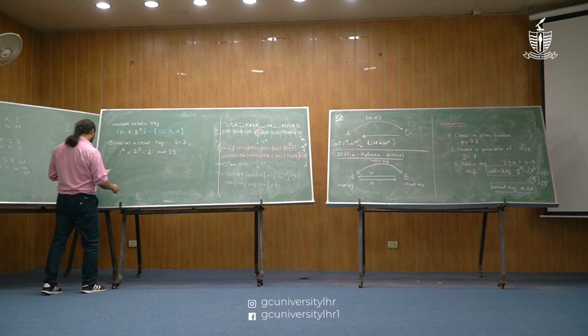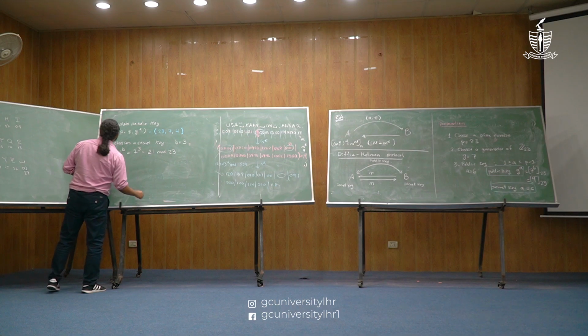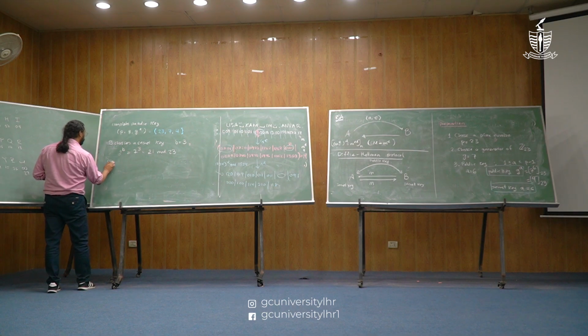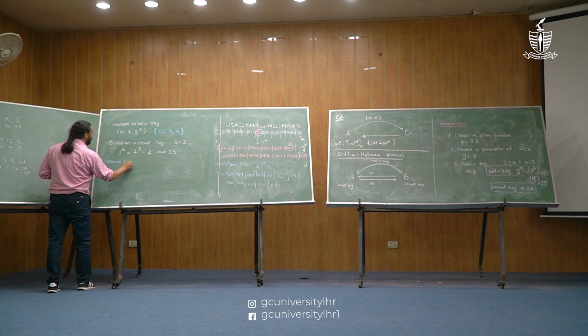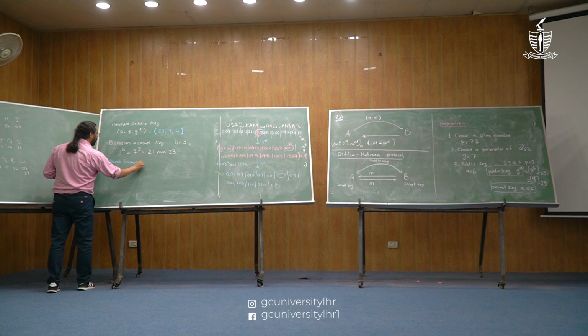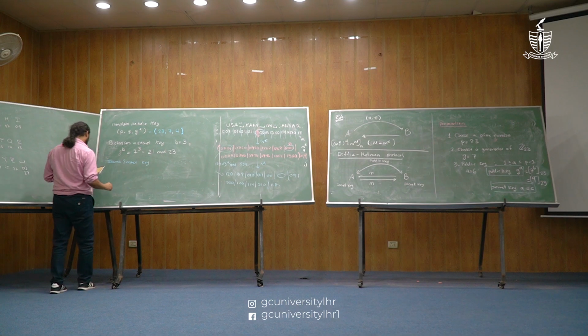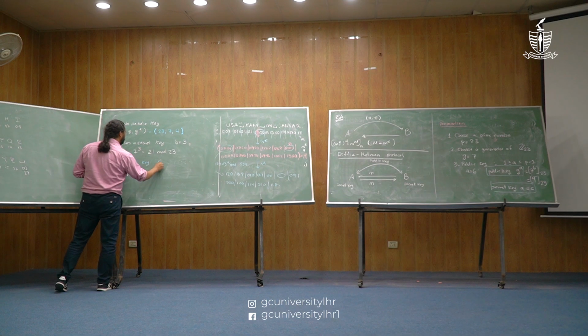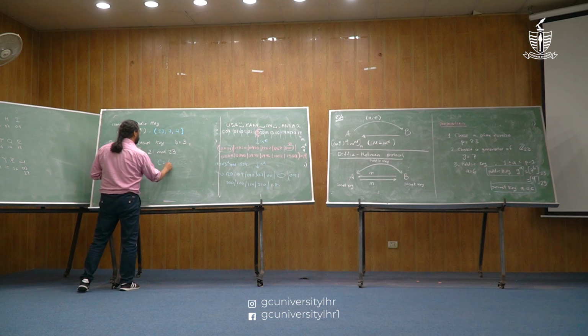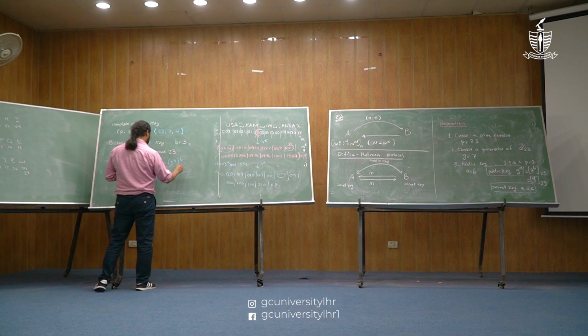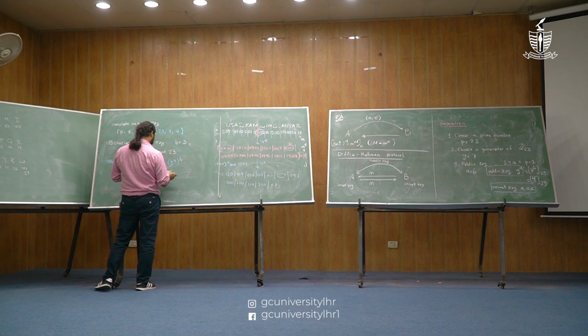So the shared secret key will be C equals G to the A, to the B. That will be 4 to the 3.